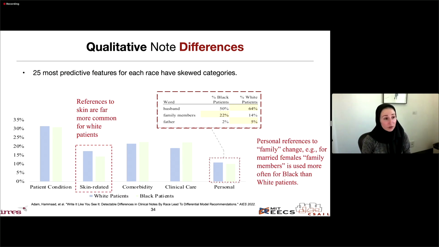Patient families are also described differently. Even if you look at married female patients, where often a husband would be the person who is queried about care directives, if we're talking about ICU care or care where the patient is not able to make their own care directives, we found that there's a significant difference in the way that families and next of kin and care directive authorizers are described.